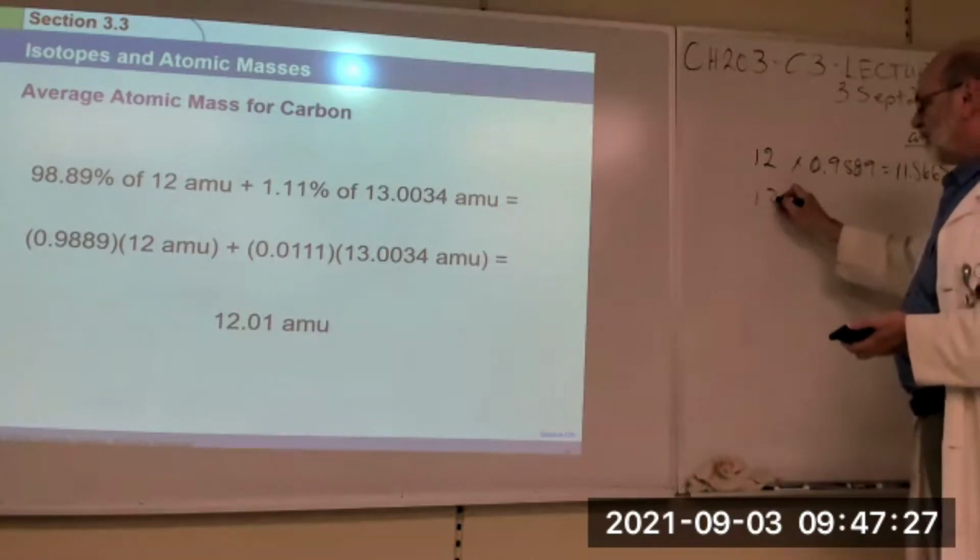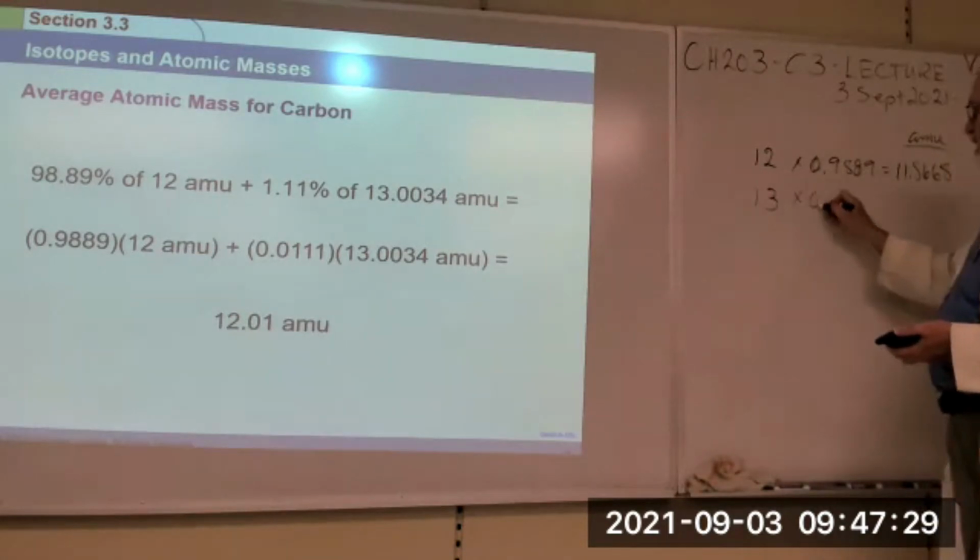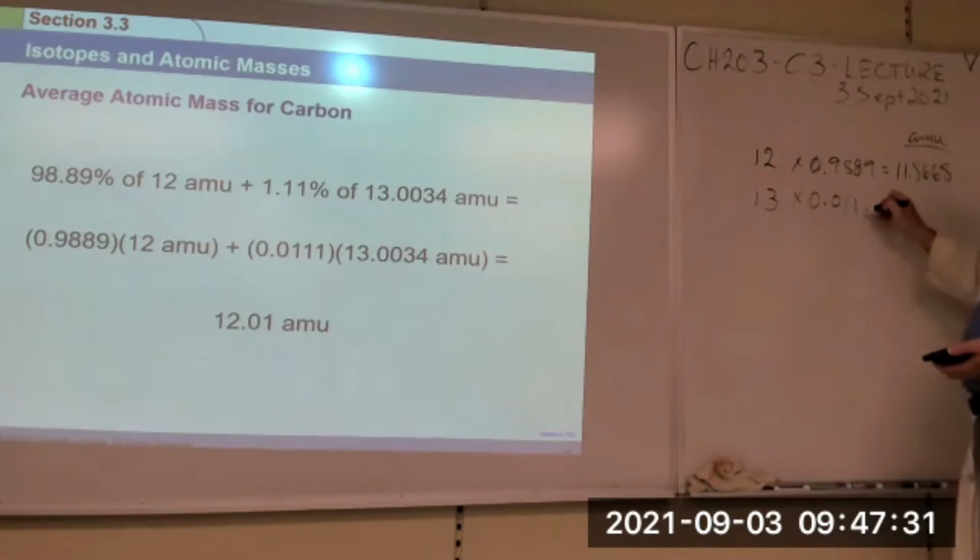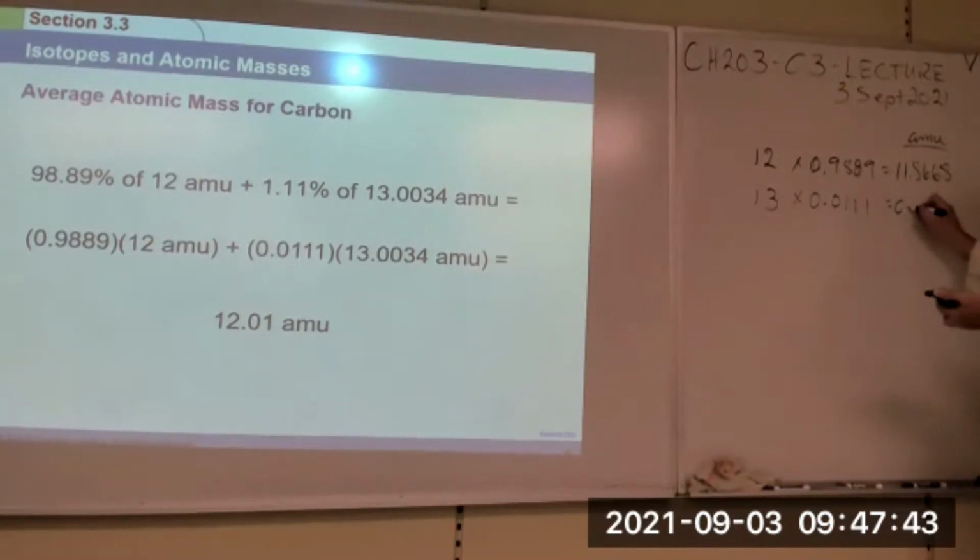So then this isotope would be what fraction? 0.0111. So 13 times 0.0111 is only 0.1443.